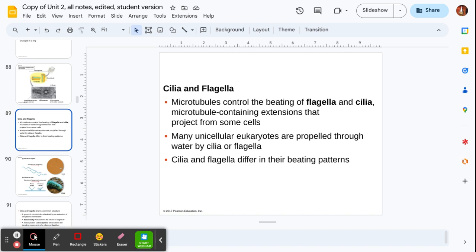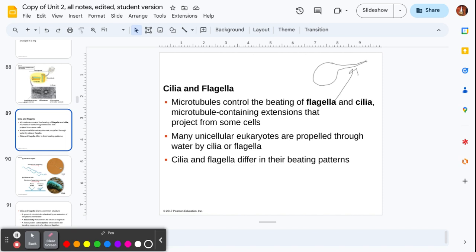So in us, the one cell type I think that we have that has a flagella is the, what's that? Sperm. Yeah, that's right. Sperm have a flagella. Okay, that helps it move around.